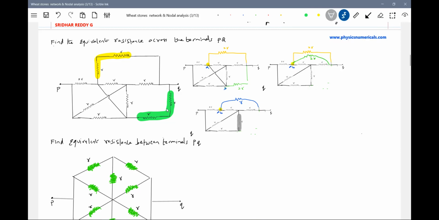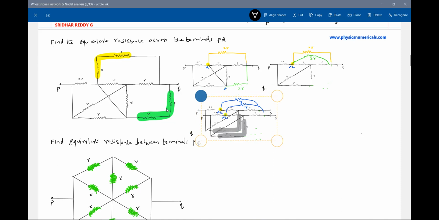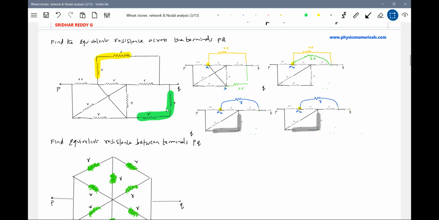Okay, these two are in series, no? So the effective of that will become 2R. Keep it in this way. Okay, now this 2R and this R, how are they?